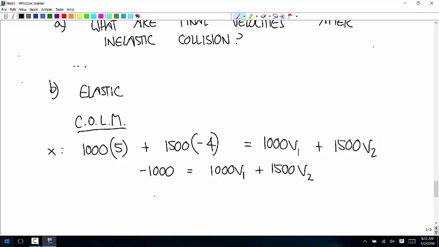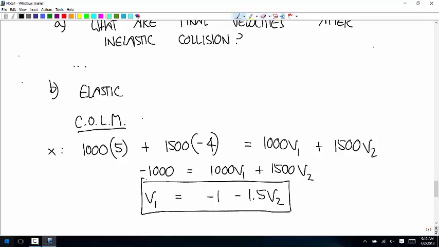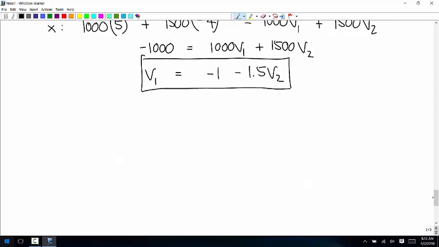And so you get V1 is equal to negative 1 minus 1.5 V2. Did everyone get that? Do I have to use V1 and V2? Can I use VA and VB? Yeah, sure.